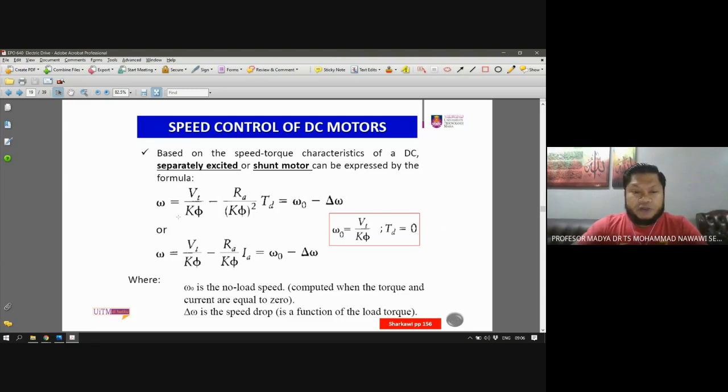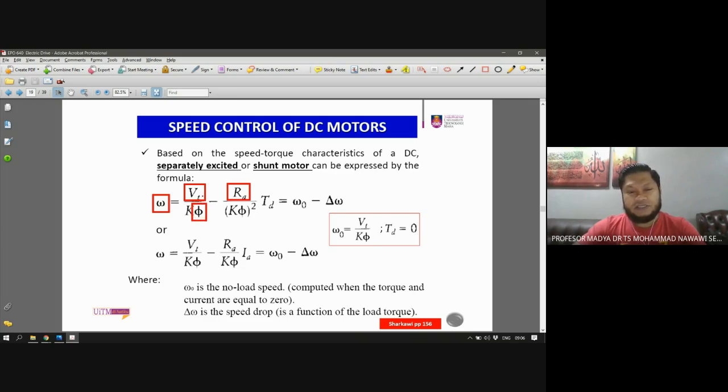By having this equation, we know that the speed can be controlled first by armature resistance. Then you can control using the armature voltage Vt, or you can control by means of the field voltage or field flux.